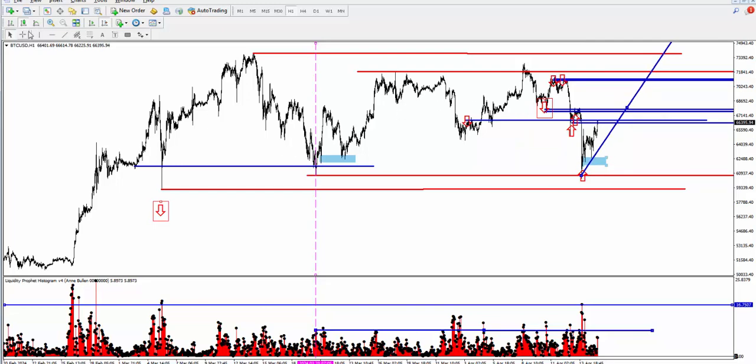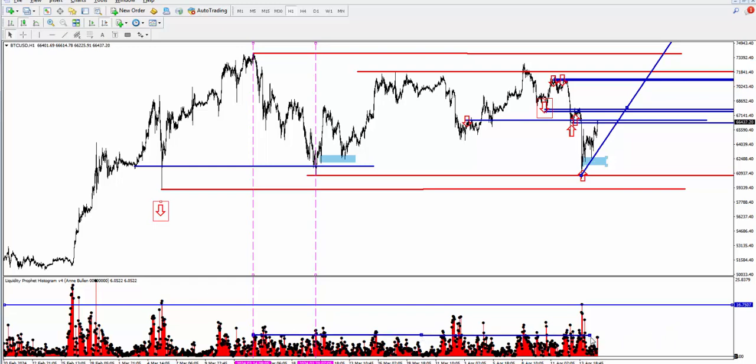Now the other thing I would do is mark this top and see if it's associated with a level of liquidity that I can actually use. And you can see we've got this level of liquidity. So I would simply come across from here. Let's pick this line up and just push it across to here.